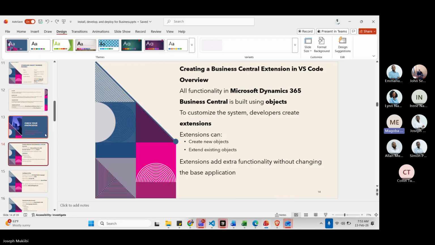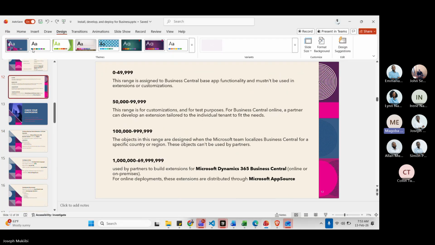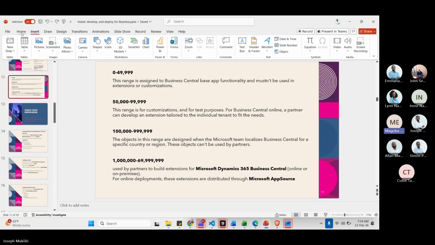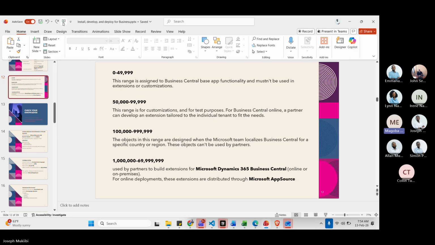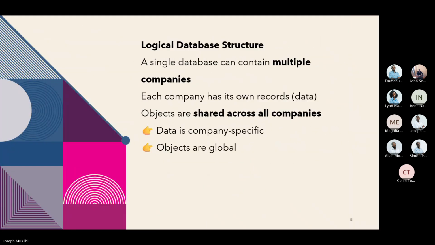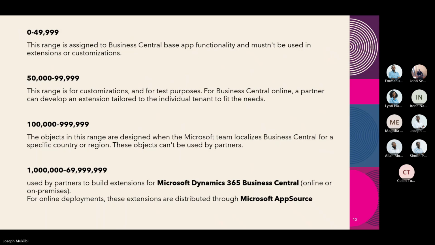So what I would like the team to help us understand is, under what circumstances do I use the 50,000 range as a partner, and when do I use the 1 million range? I don't know whether there is any person who can give us some more information on that?